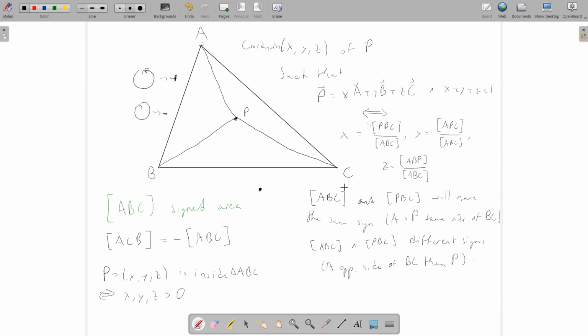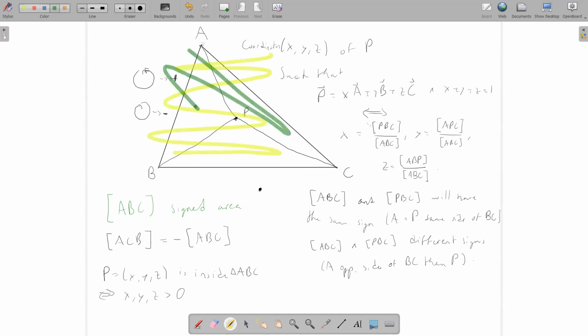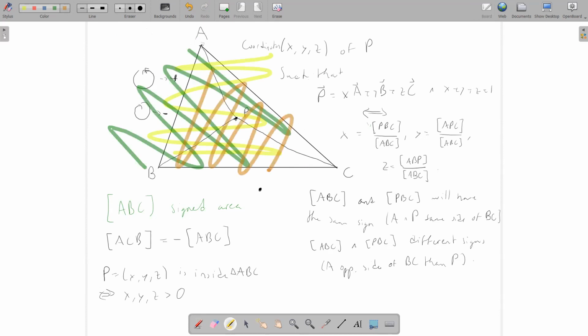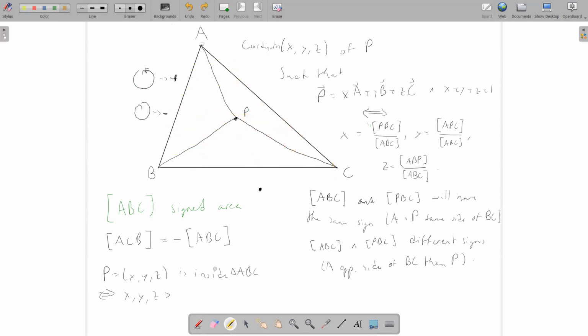And this just means that P is on the same side of BC as A, so it's over here. It's on the same side of AC as B, so it's over here. And it's on the same side of AB as C, so it's over here. And you can check that the intersection of those three regions is simply the triangle ABC.